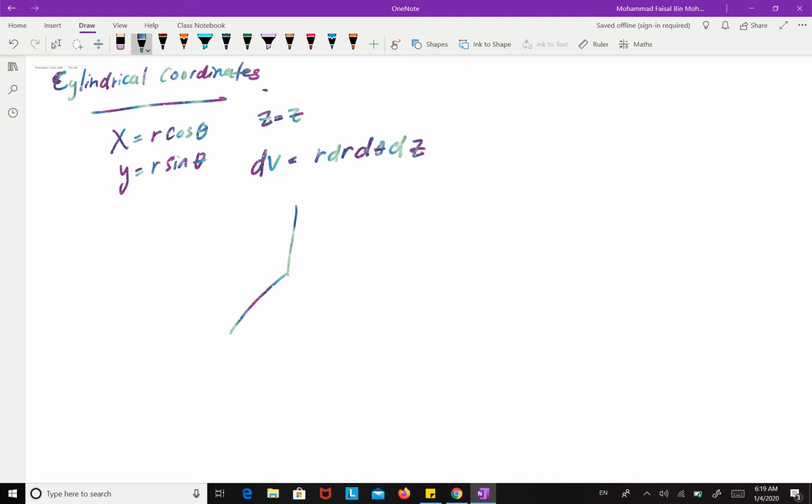Let's say we have a point here, so we have to change it into r, theta, z. I extend this point, so this is the r, always from the pole, and then the angle from x, this is x, y, z, it's from x to here, theta, anti-clockwise.